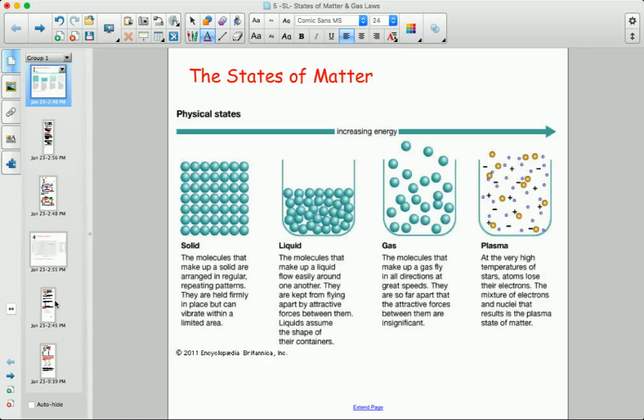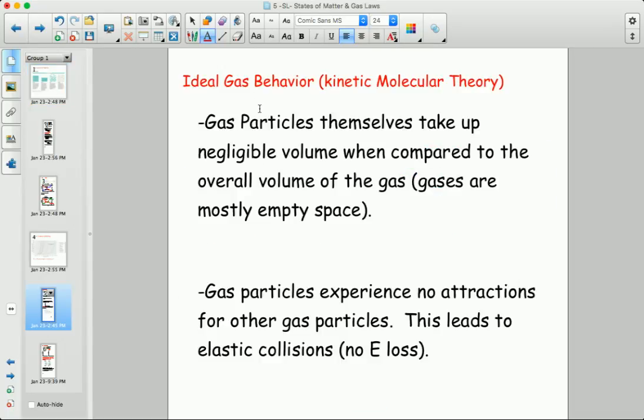And now we're going to talk about kinetic molecular theory as it applies to the gas phase. So when we talk about a gas, we're going to assume that gas particles themselves take up negligible volume. So they basically have no volume when compared to the overall volume of the gas. So gases are mostly empty space.